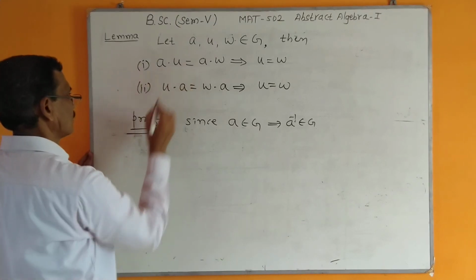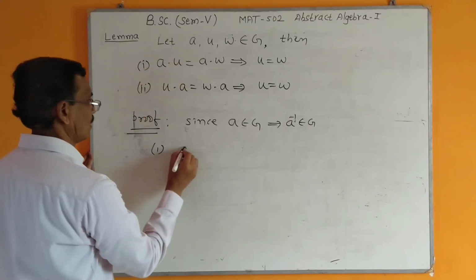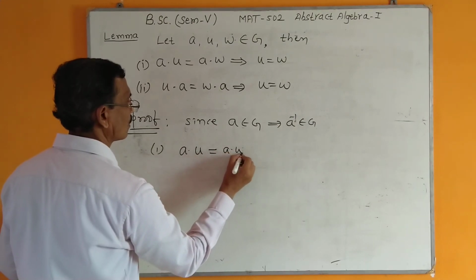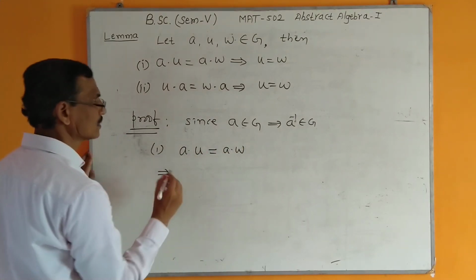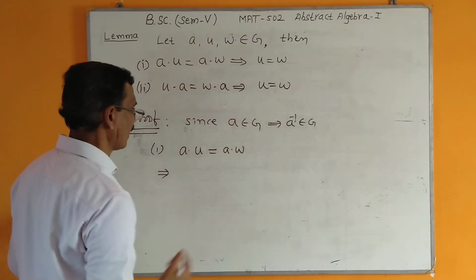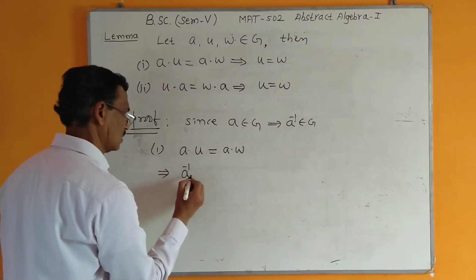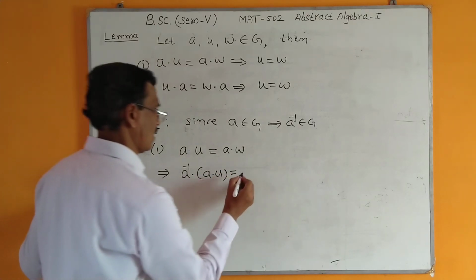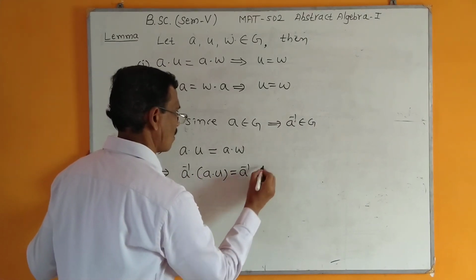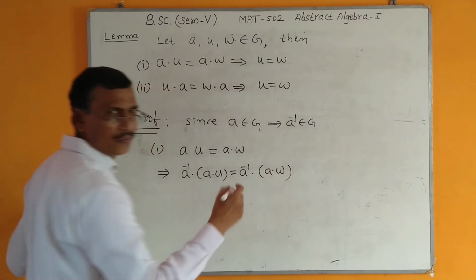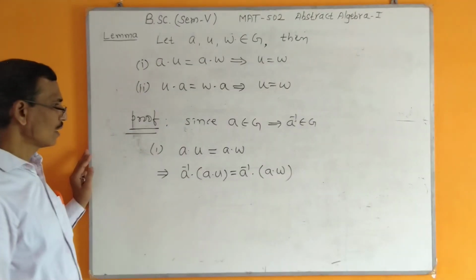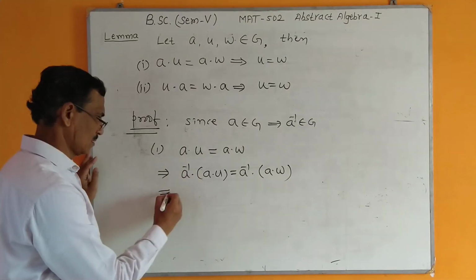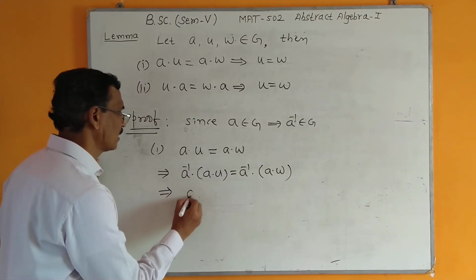Now consider A dot U is equal to A dot W. This implies we just multiply on the left by A inverse: A inverse dot A dot U is equal to A inverse dot A dot W. Now apply the associative property.